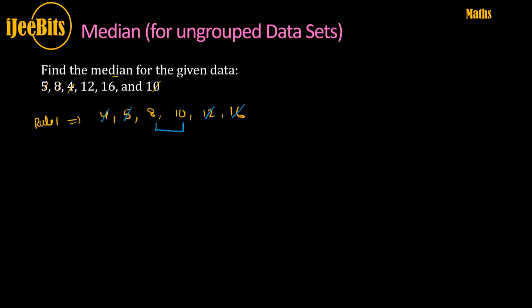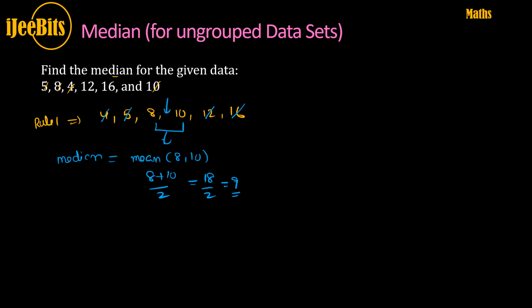This is the middle, so you have two numbers. So the mean of these 2 is your median. The mean of 8 and 10 would be your median. What is the average? 8 plus 10 by 2, 18 divided by 2. So 9. So somewhere here is your median.